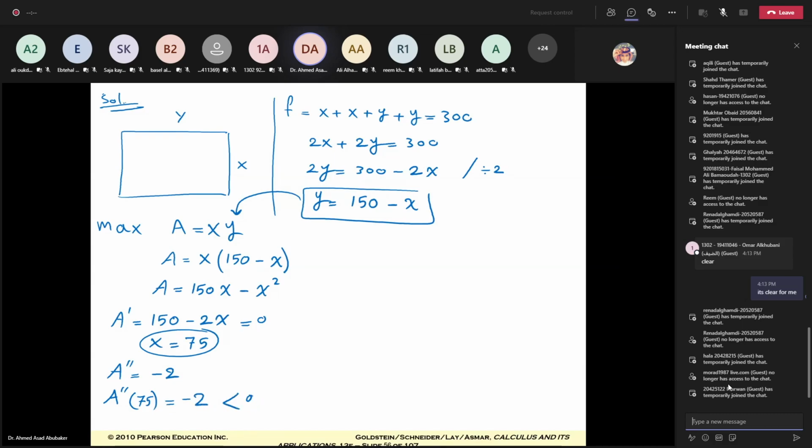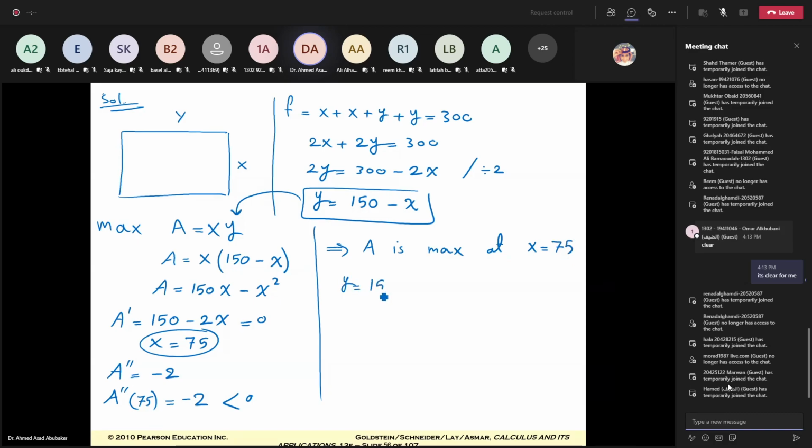In the second derivative we have a negative value, so we can conclude that A is maximum at x equals 75. The value of y equals 150 minus x, so 150 minus 75 equals 75. So y equals 75.